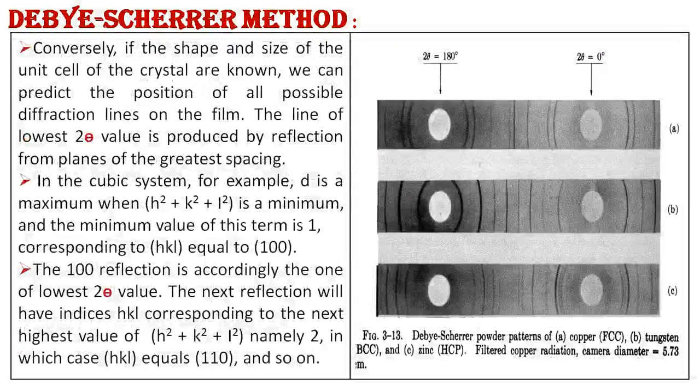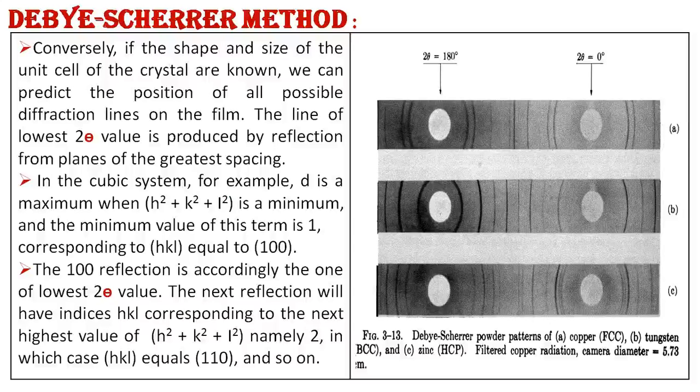Conversely, if the shape and size of the unit cell of the crystal are known, we can predict the position of all possible diffraction lines on the film. The line of lowest 2 theta value is produced by reflection from the plane of the greatest spacing.